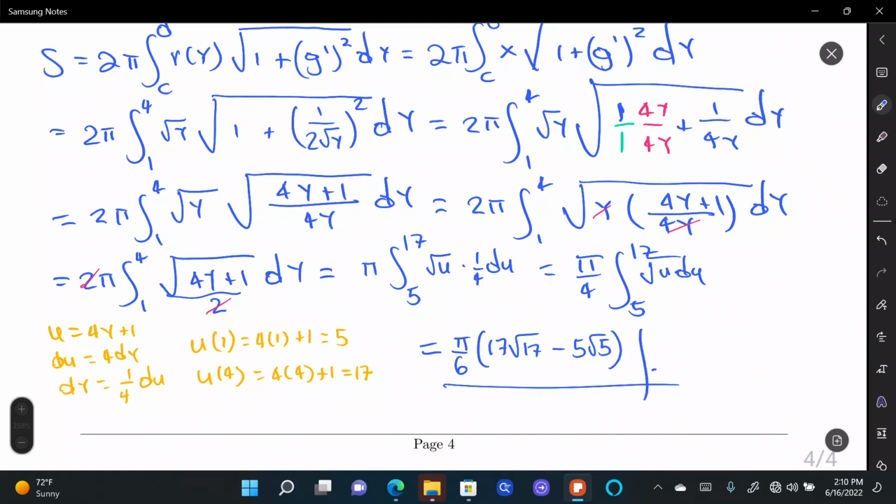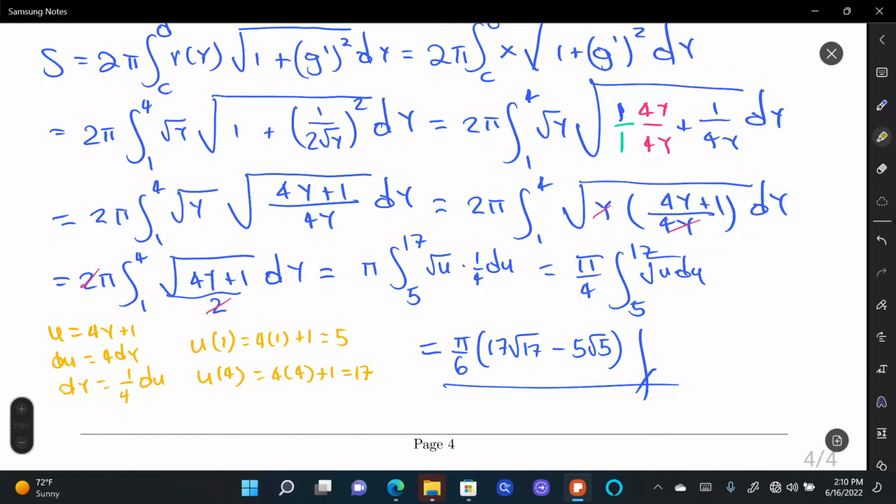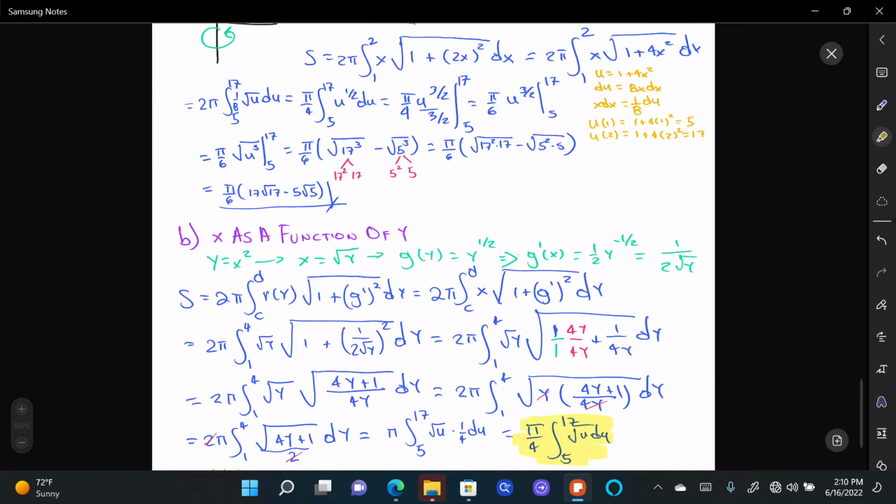Alright, same answer. So, okay, let me highlight this. This is the integral that we do here. And this is the integral, where is it? Well, technically here, but with rational exponents.